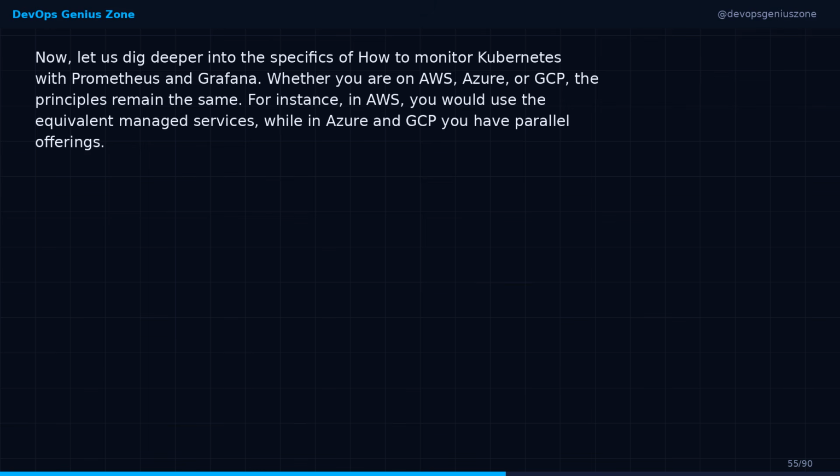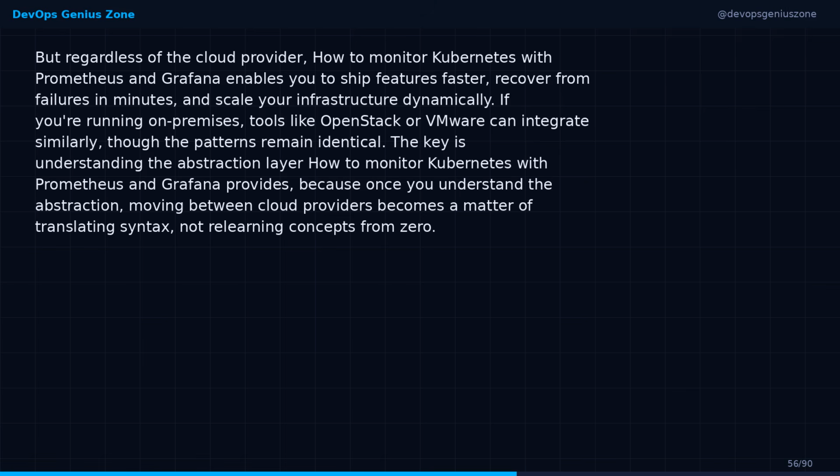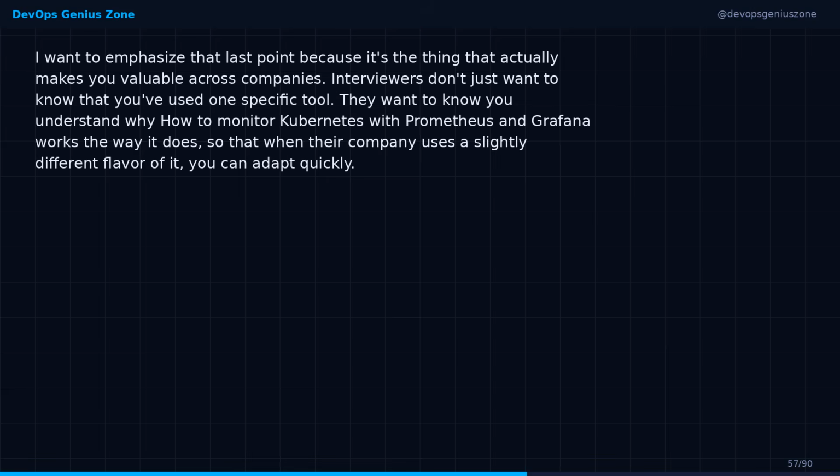If you're running on premises, tools like OpenStack or VMware can integrate similarly, though the patterns remain identical. The key is understanding the abstraction layer how to monitor Kubernetes with Prometheus and Grafana provides, because once you understand the abstraction, moving between cloud providers becomes a matter of translating syntax, not relearning concepts from zero.